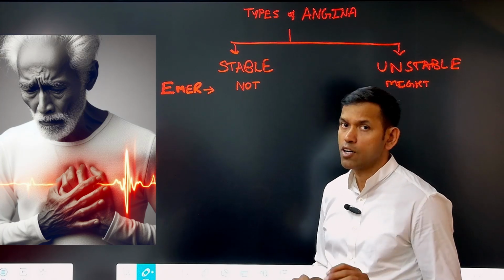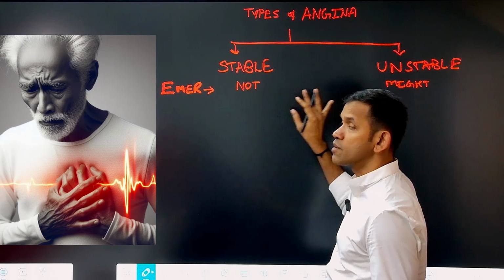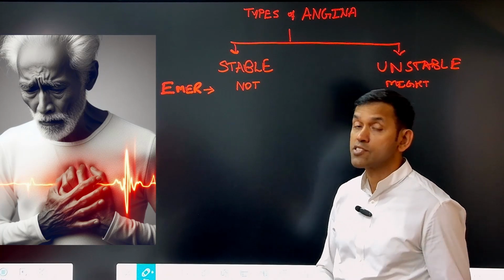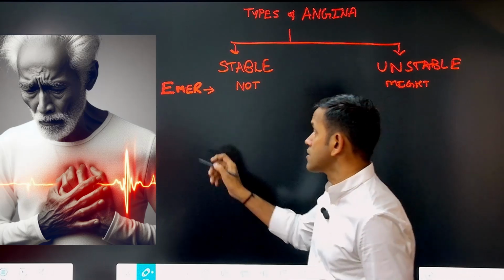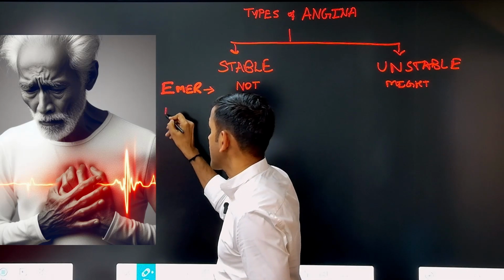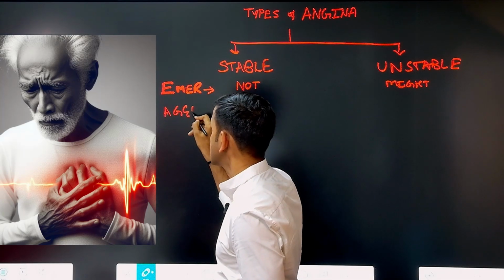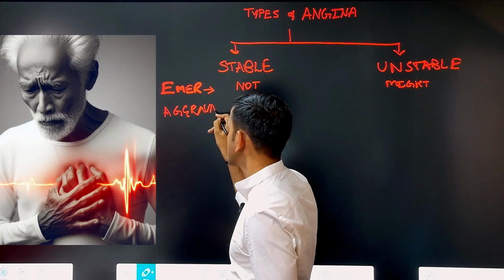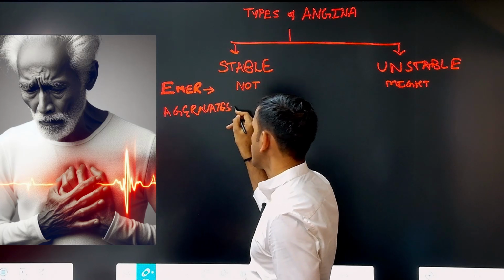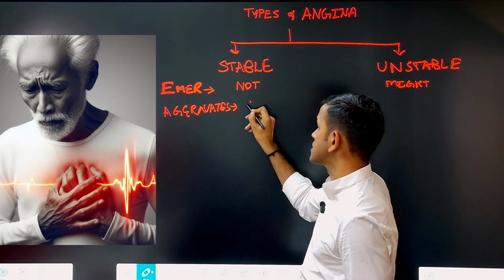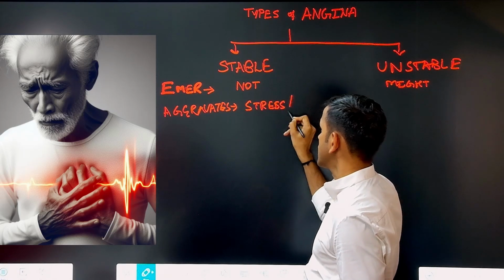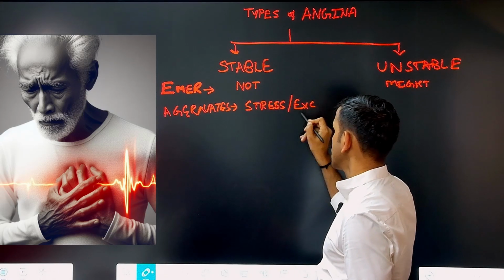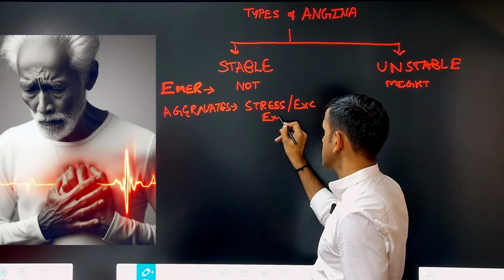The next part of how to understand whether it's stable or unstable angina is the predisposing factor. That means what aggravates this whole disease. What aggravates is stress or any kind of exercise or exertion.